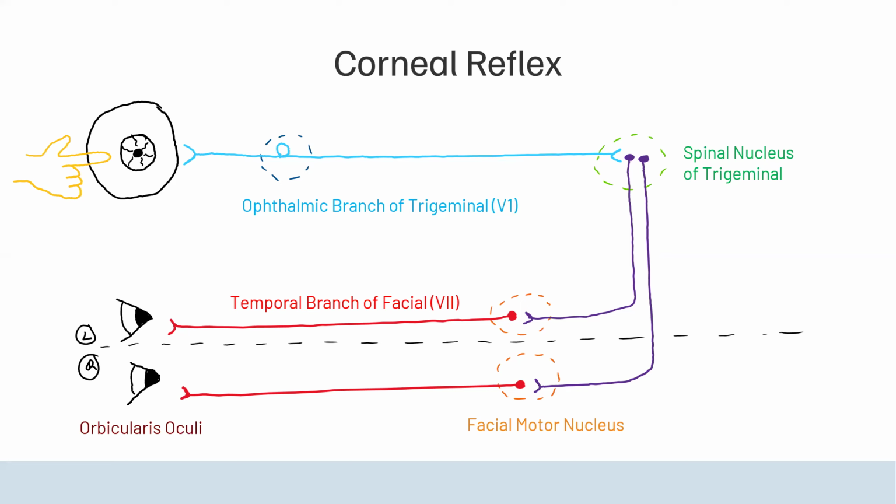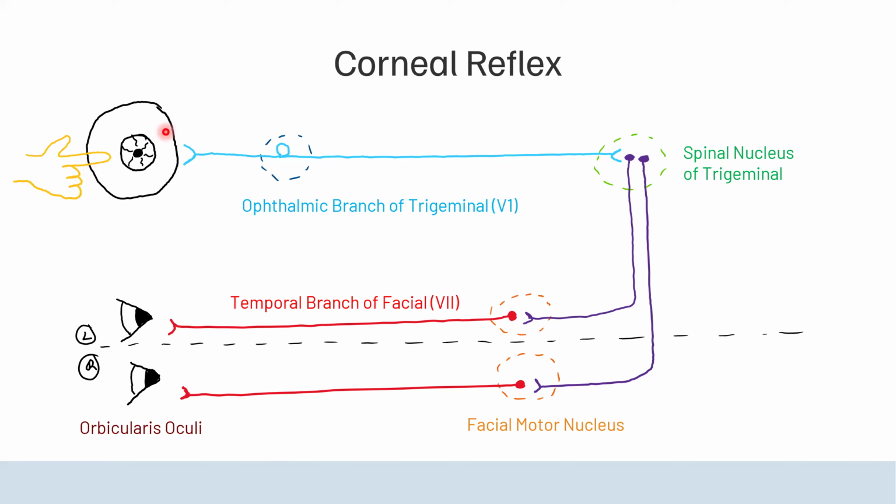Okay. As I was saying, we have our eye here. Then we have looking at the side. So those are the actual eyelids. Okay, this would be our left eye, and this is the right eye. So what happens is that I come and I agitate or I touch the cornea. You can do this either with your actual finger, you could do it with a cotton swab, you could do it with basically anything that elicits this corneal reflex.